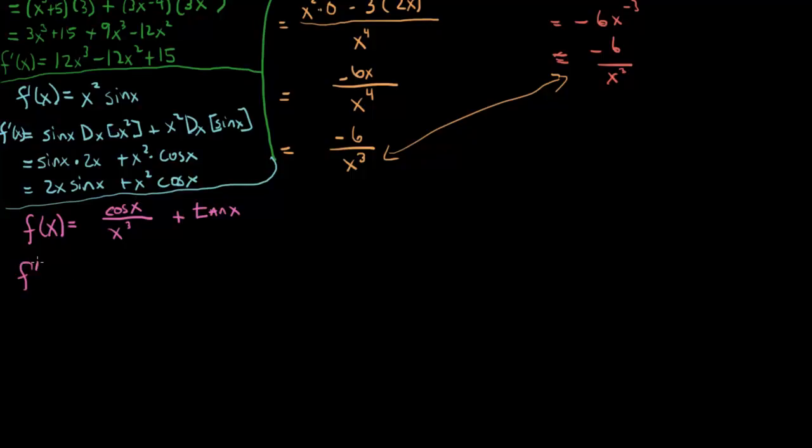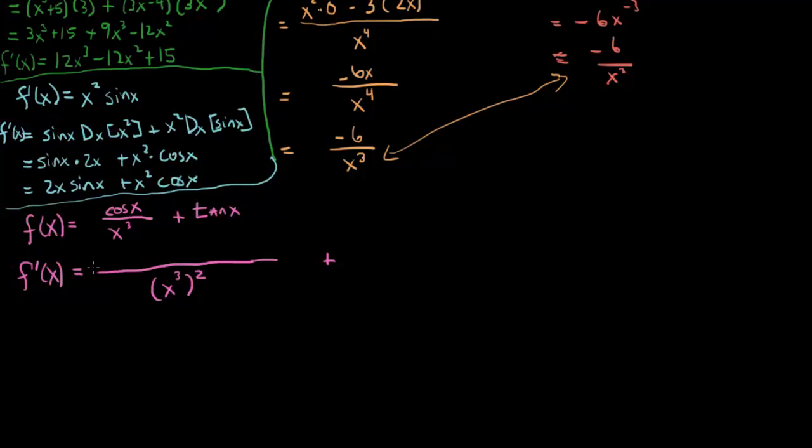So let's see, f prime of x. Now with a sum of two functions, the derivative of a sum is equal to the sum of the derivatives. So let's deal with the quotient first. We're going to have a fraction here. Now the quotient rule says on the denominator, we know that's the easy part, it's going to be x cubed squared. Now we're still going to have the derivative of tangent x over there, so let's not forget about that.